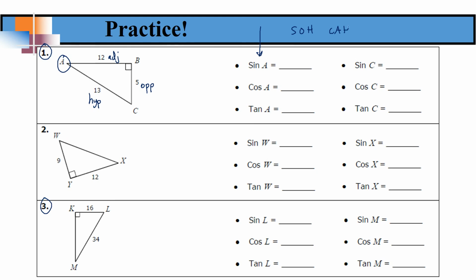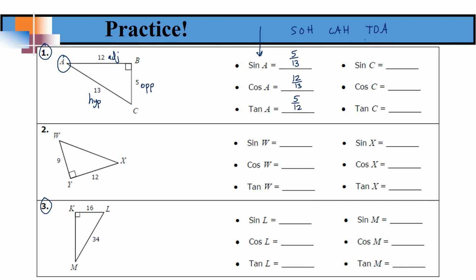If we're looking at sine of angle A, that would be opposite over hypotenuse. In this case, that would be 5 over 13. Cosine, that's ka, or adjacent over hypotenuse. In this case, that's 12 over 13. And finally, toa. Remember, that's tangent is opposite over adjacent. So in this case, that's 5 over 12.